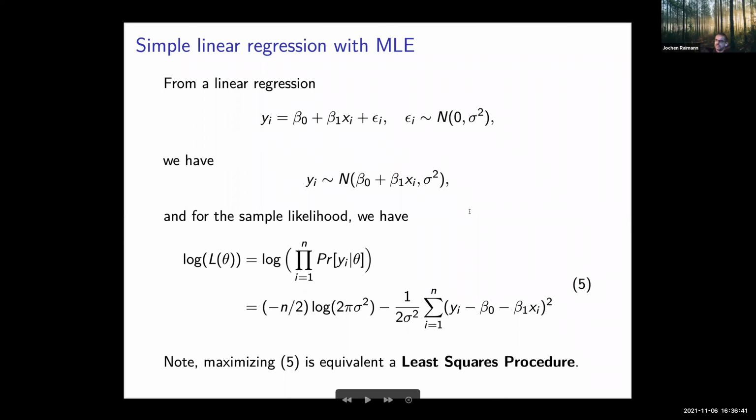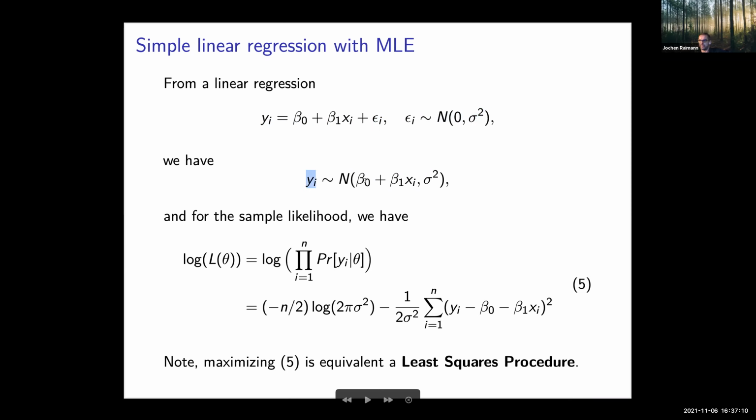So for a linear regression analysis, we have a comparable kind of situation. We again have yi equals beta 0 plus beta 1 xi, and the residual error epsilon i, which essentially is a normal distribution around a mean of 0 with a variance of sigma squared.